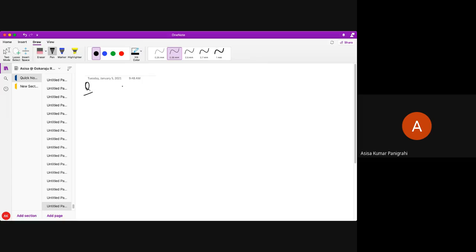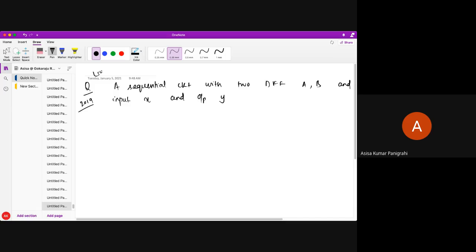Next question. A sequential circuit with two D flip-flops A, B and input X and output Y. This is a 2019 question, students, a 10 mark question.